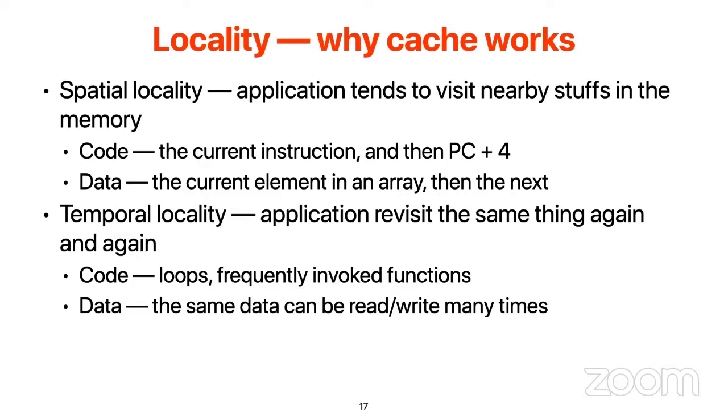Another implication is that if I am implementing a data structure like a linked list, most of the time you are going to access random memory locations. So if your data structure is designed to be a linked list, you won't be able to get the benefit of spatial locality.